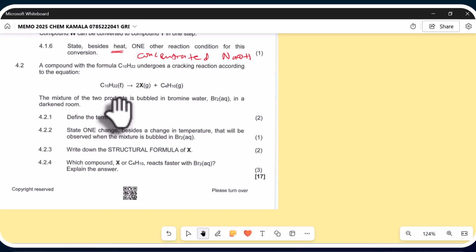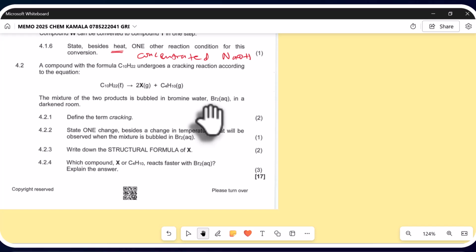To balance it, there are 10 carbon atoms, so 10 equals 2A plus 4. Now 10 minus 4 is 6, divided by 2, we get 3. So our A is 3 for that alkene.